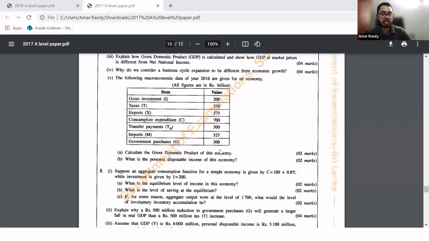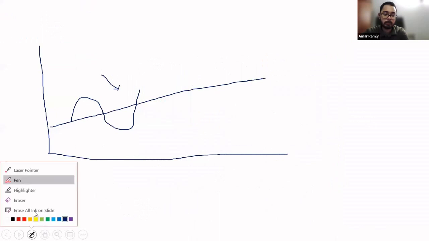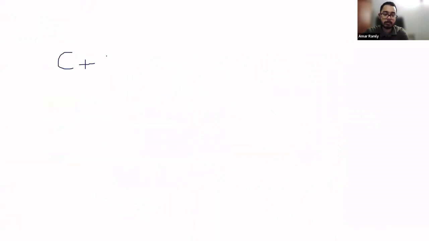Okay, so let's discuss quickly, not spend too much time on this question. So guys, you're asked to calculate GDP, right? GDP, as you guys know, is C plus I plus G plus X minus M. I think all those figures have been given here.